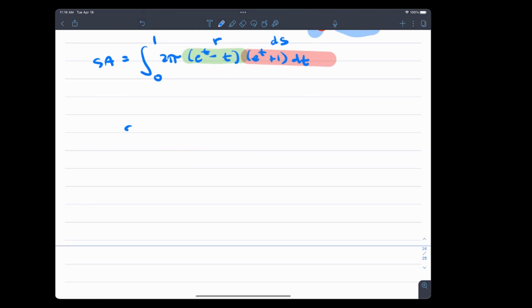So again, you're going to need to integrate. So your surface area is going to be that integral from 0 to 1, multiple of 2π. We have to do algebra. So FOIL, ladies and gentlemen, that's e^(2t), outer terms, plus e^t, inner term, minus t e^t, last term, minus t, dt.